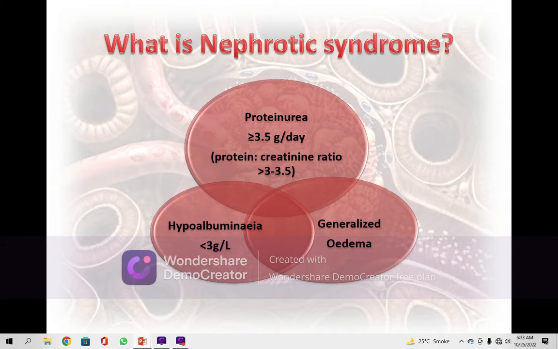So more than 50 milligram is not normal. For example, between 50 to 100 milligram it is a mild proteinuria, usually seen in physiological states, like exercise, stress, high-grade fevers, after prolonged standing, and pregnancy.